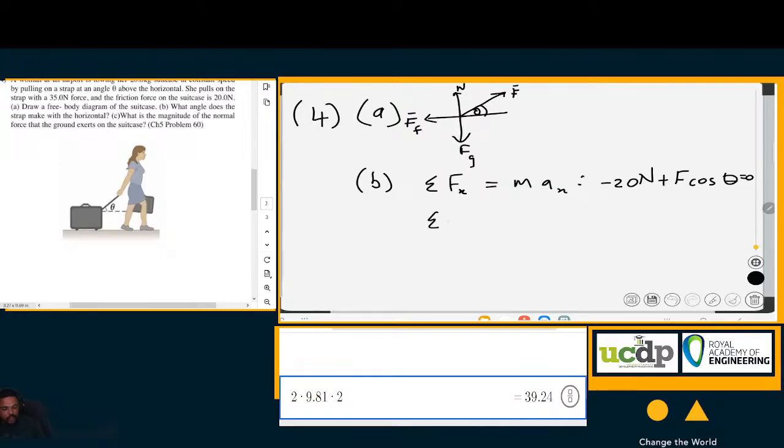Then the sum of the forces in the y direction is equal to the mass times the acceleration in the y direction.